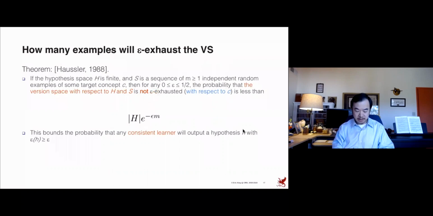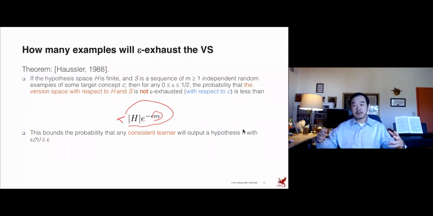This statement says that such an upper bound exists, bounded by this quantity. The beauty of this is that now you have control, because M is the number of training examples. You can achieve a very small upper bound of this bad event just by adding more examples.